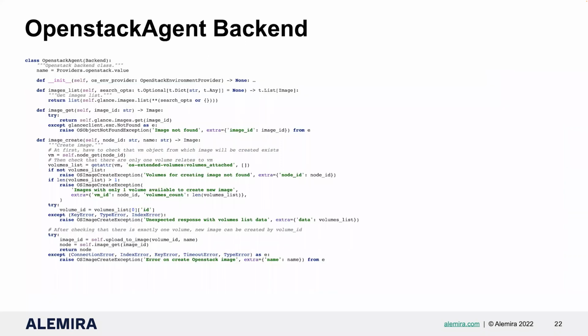If we look into the backend, it's just a child of our base backend class, and we can see absolutely the same methods: image list, image get, image create, but it was developed to communicate with OpenStack, because deep inside Virtuoso has an OpenStack API.